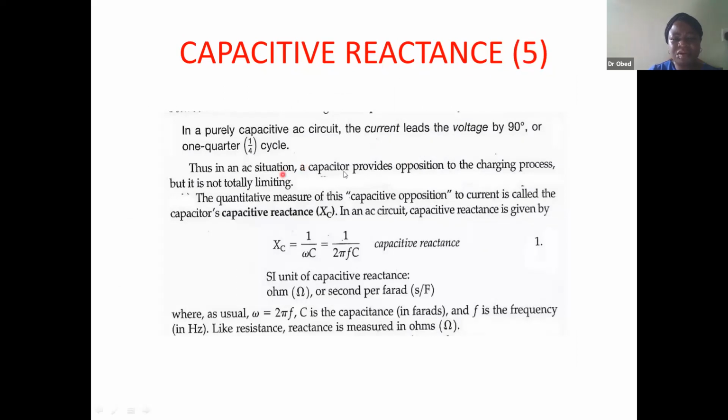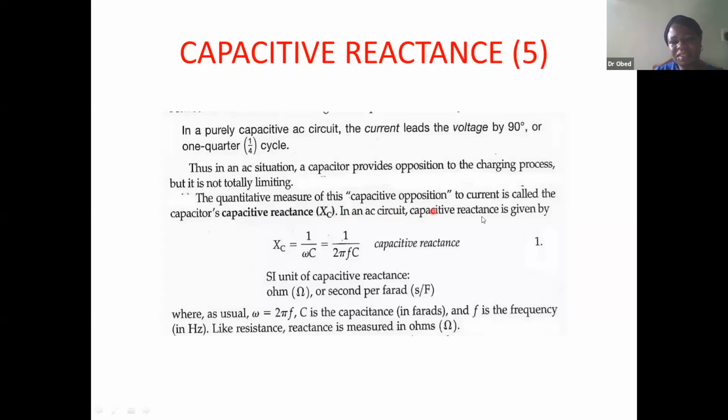So it limits the current, provides opposition to the charging process, but it is not totally limiting. The quantitative measure of this capacitive opposition to current is called the capacitor's capacitive reactance. Capacitive reactance. We denote it with this sign.